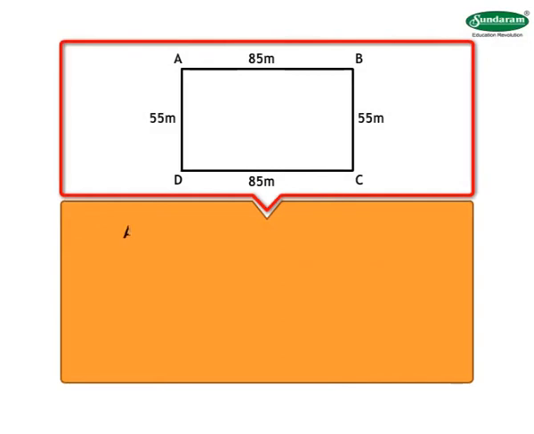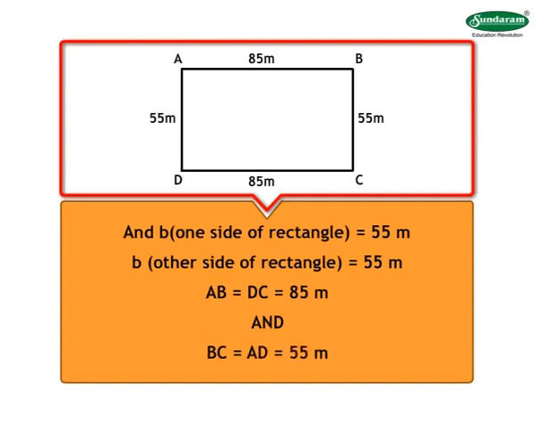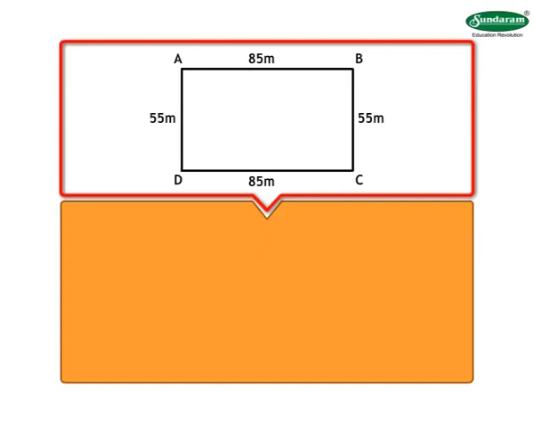Similarly, since breadth of one side of the given rectangle is 55 meters, breadth of other side of the rectangle will also be 55 meters. That is, AB is equal to DC is equal to 85 meters and BC is equal to AD is equal to 55 meters. Thus, we now have the rectangle with all its sides.